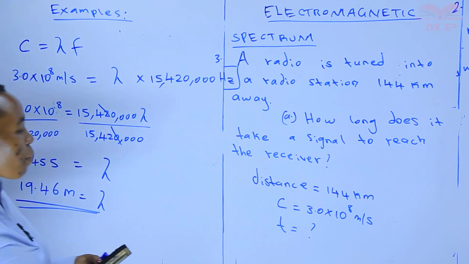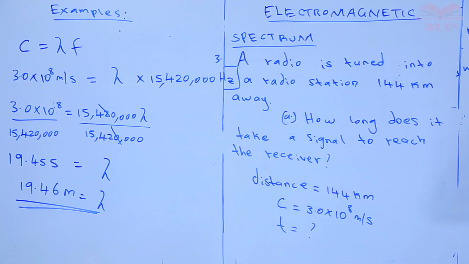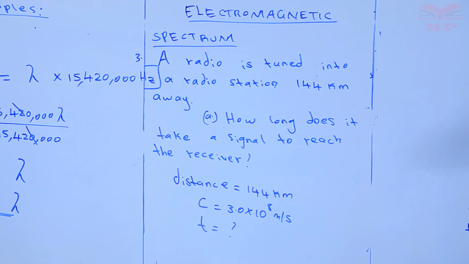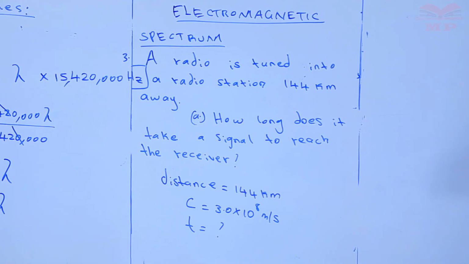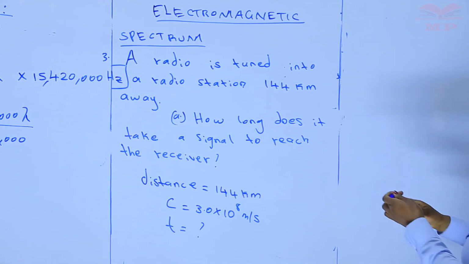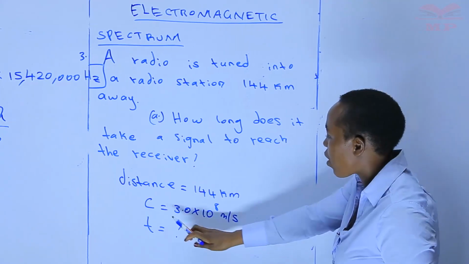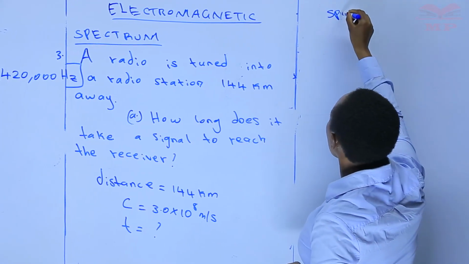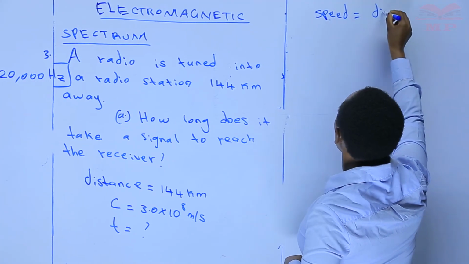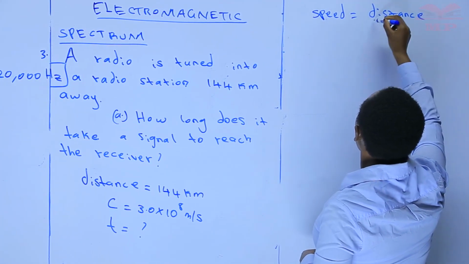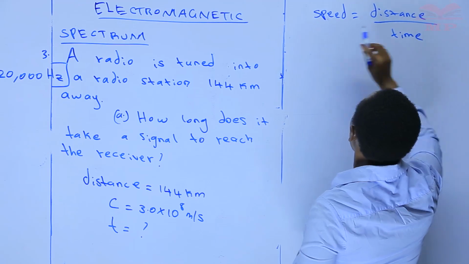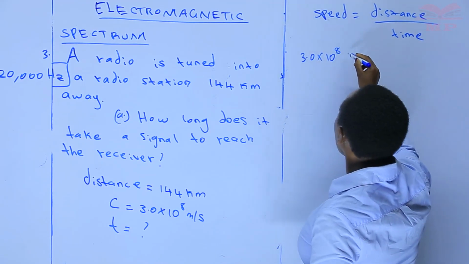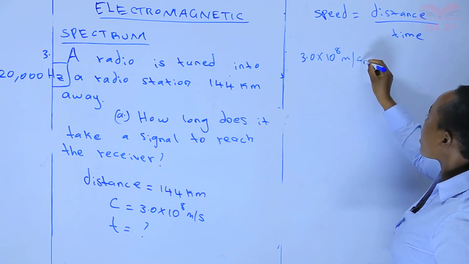From the knowledge in mathematics and also in physics, we know that speed is distance over time. And this is the speed of the radio wave, so speed is equal to distance all over time. Our speed is 3.0 times 10 power 8 meters per second.